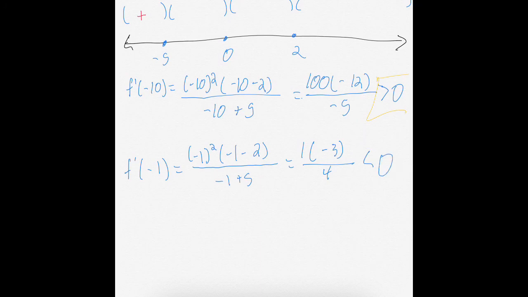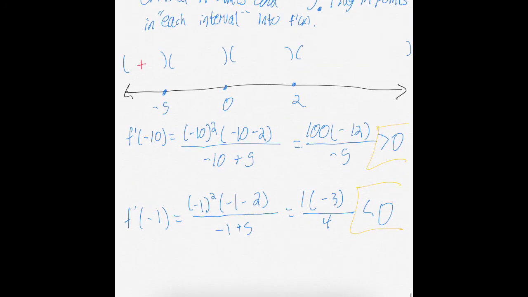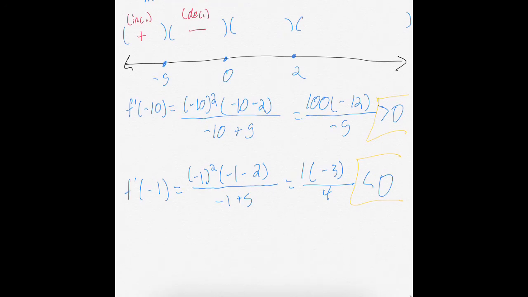This gives me 1 times -3 over 4. And this, I know, is going to be smaller than 0, because the numerator this time is negative, but the denominator is positive. So between -5 and 0, the function is decreasing.